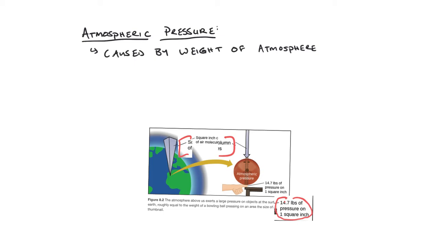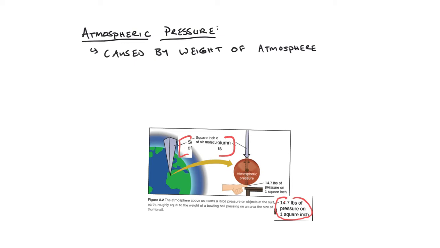And we don't notice atmospheric pressure just because we're used to it. If I'm looking at my thumbnail, the atmosphere is essentially pushing down the weight of a bowling ball on my thumb, but I don't feel it because I'm used to it. Now, if I put a bowling ball on my thumb, then all of a sudden I'm feeling twice the pressure, and that's going to hurt a lot. But I don't typically notice normal atmospheric pressure.